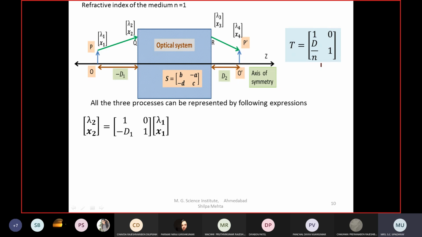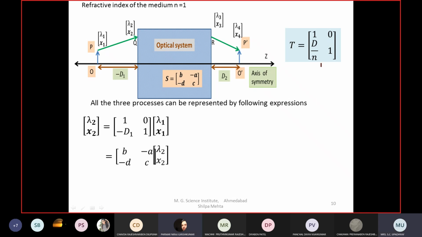Now the next equation. Initial coordinates are lambda 2 x2. Which matrix operates on this to give lambda 3 x3? Which matrix is it? The system matrix, with values b minus a and minus d c.